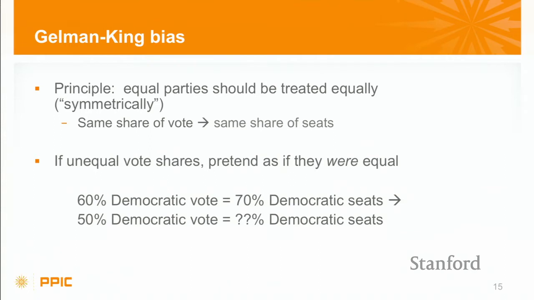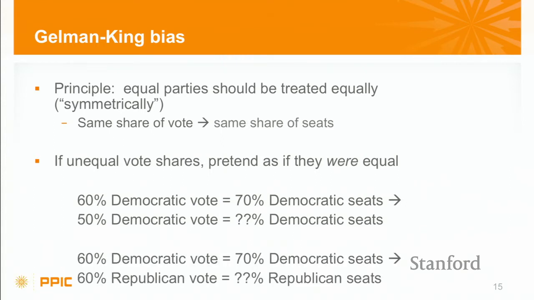One way is, for instance, if the Democrats have 60% of the vote and 70% of the seats, then you pretend as if they had 50% of the vote, and then see how many seats they get. If they have anything other than 50%, then there's potentially a problem. A similar idea would be, if they won 60% of the vote, to say, what happens if the Republicans won 60% of the vote?